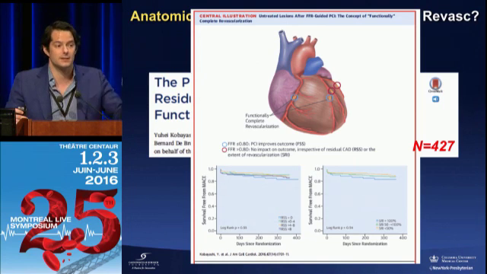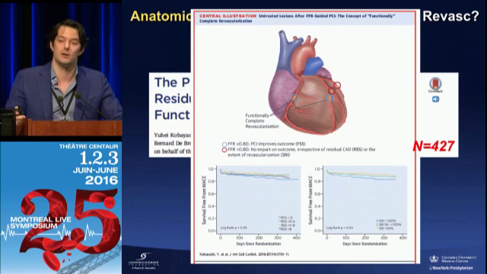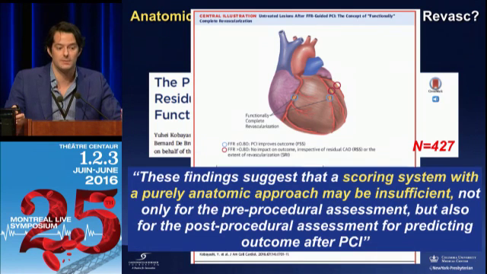Meaning that if you revasc all the lesions with ischemia, that's the goal, and it doesn't matter if you left a 50% lesion in D1, D2. So extremely important concept, showing that scoring systems with a purely anatomic approach are insufficient and maybe misleading.